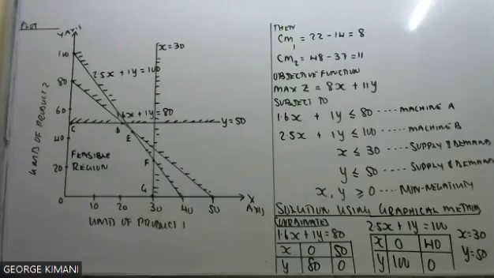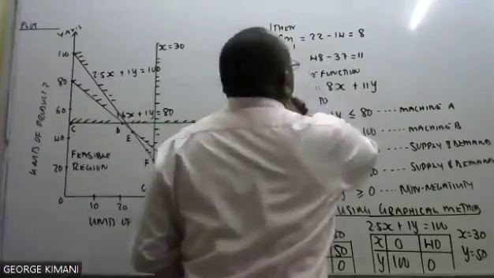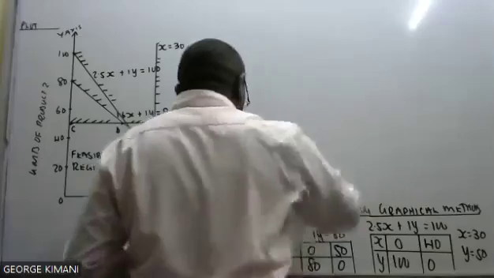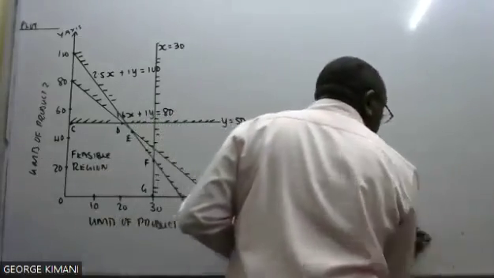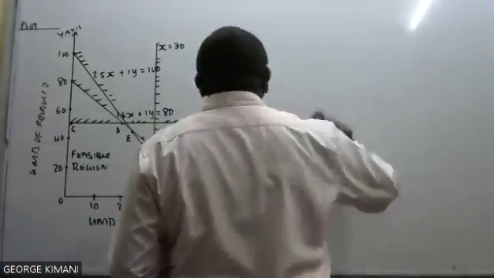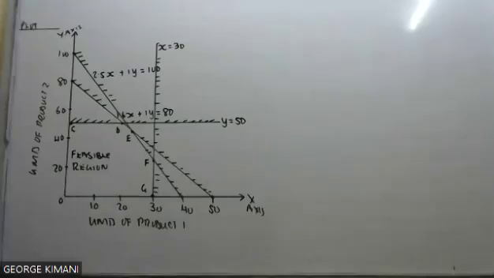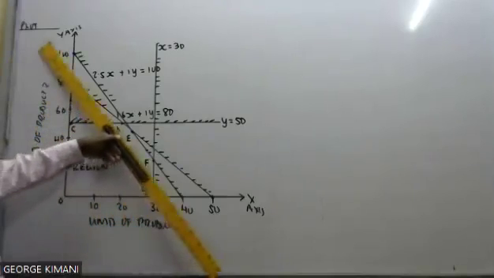So from there now, you interpret the graph, and the interpretation is telling us which is the optimal corner. Now, optimal corner is the corner that is farthest from the origin. You see, this is the origin here. So the solution is either one of all these corners, C, D, E, F, G. So you observe and tell me which corner is farthest from the origin.